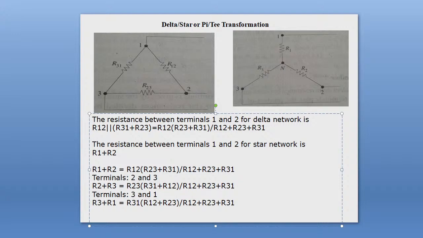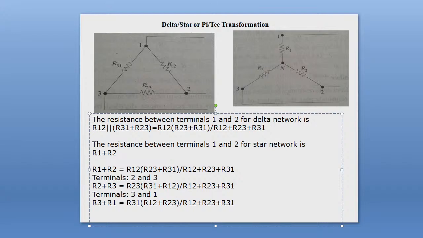So in this case, you derive the expression for R1, R2, R3 in terms of R12, R23 and R31, and you already got their transformation equations.